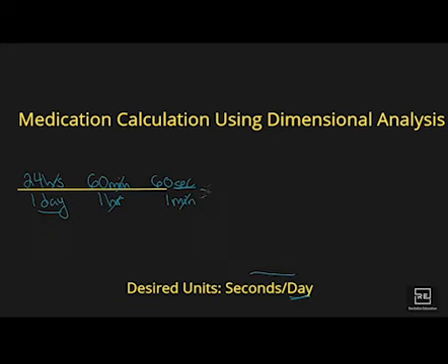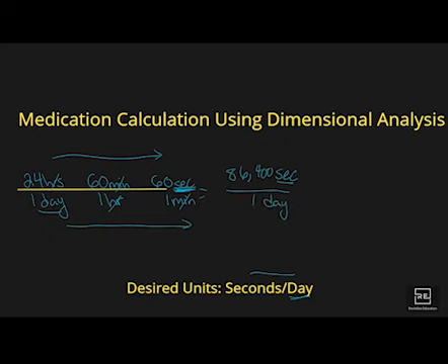So at that point, we multiply everything on the top and everything on the bottom. When we do that, we find out that we have 86,400 seconds, and we keep seconds because that is the remaining unit on top, divided by what's multiplied on the bottom, so 1 times 1 times 1, which is 1, and the carried unit is day because that's the last remaining unit that hasn't been canceled out.